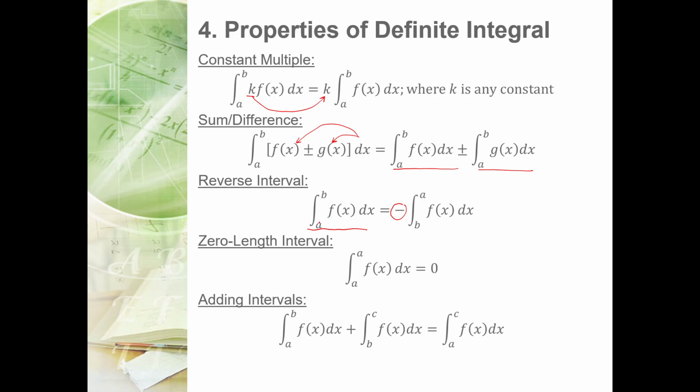As you can see, on the left side it's positive from a to b. Then it's equivalent on the right side to negative, but the limits of integration are now b to a.